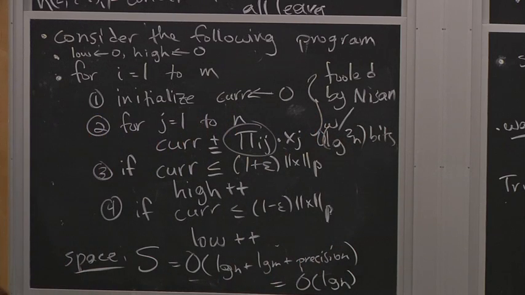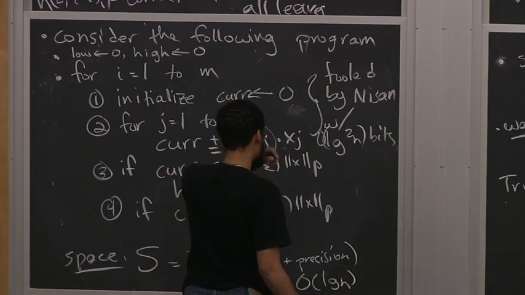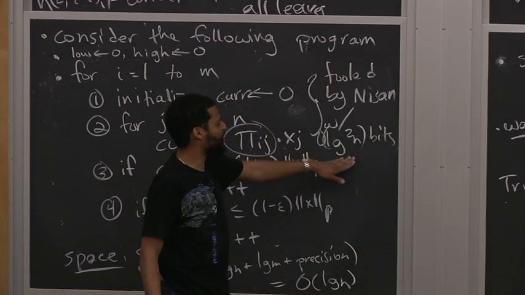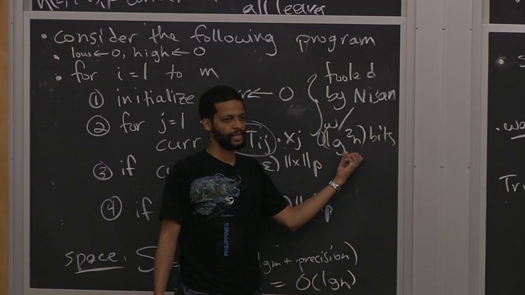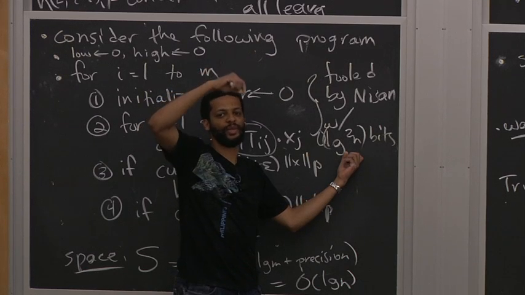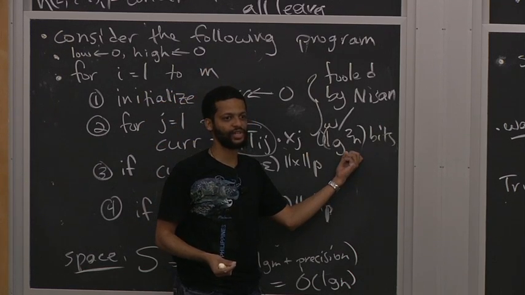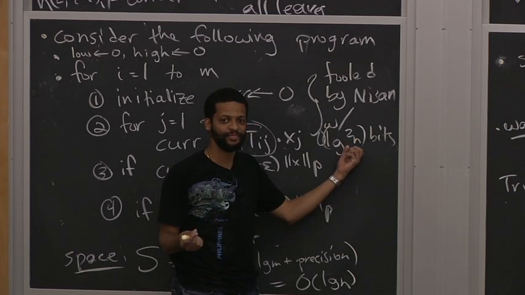So your final implementation of the index algorithm would, on the side, store this. And then whenever you need entries in the matrix pi, it would generate them using Nisan's function h applied to this seed.